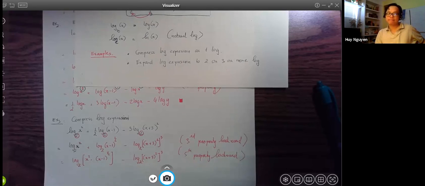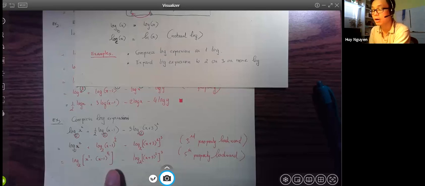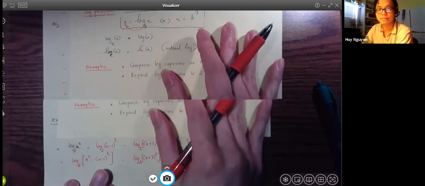Now, you see that? Originally, we had 3 logs. Now we have only 2. But again, you have to ask yourself, can we combine more? Yes, because you have 2 logs and between the logs is minus. Now I'm going to look at the 6th property.